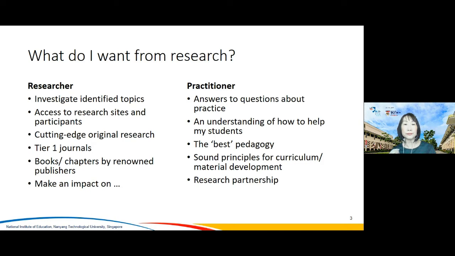But actually, practitioners also want to be a partner in making the decisions, in coming up with research questions, in thinking about what are some of the issues that researchers, perhaps from a university, should think about. And finally, teachers or practitioners may also want to do their own research. So these are some things that I think practitioners want.